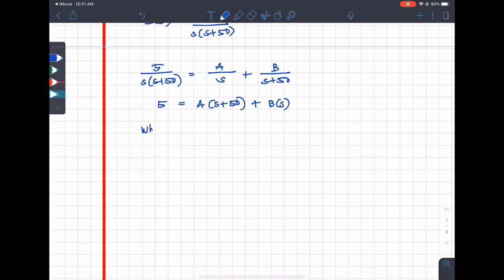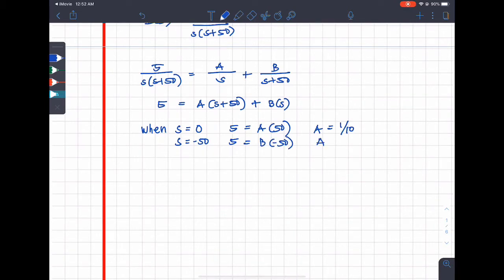Okay, so to get the value of A, when s is equal to 0, we'll have 5 is equal to A times 50. And therefore A is equal to 5 over 50, which is 1 over 10. And then when s is negative 50, 5 is equal to, A would be 0, so B times negative 50.